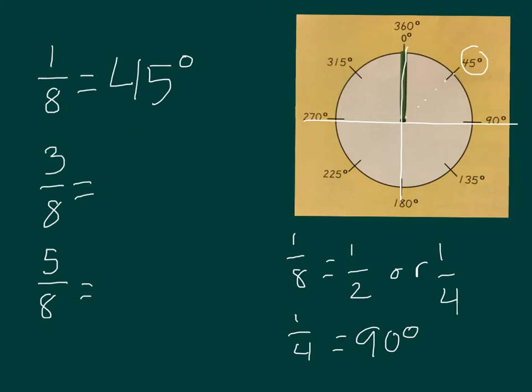So 45 plus 45 plus 45 equals 135 degrees. 3/8 of my circle is 135 degrees.